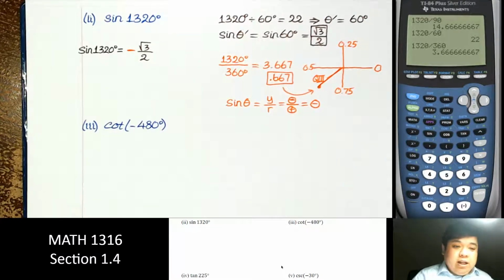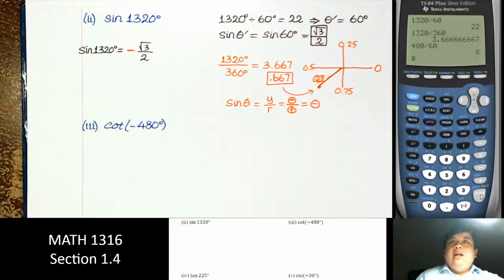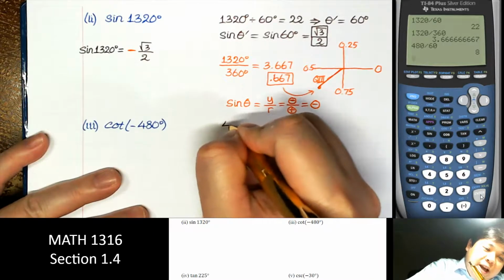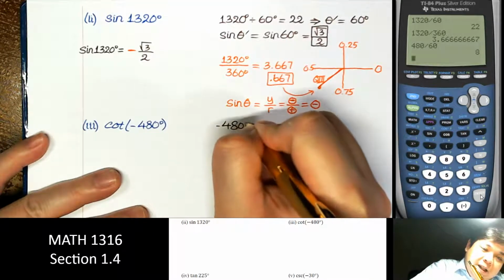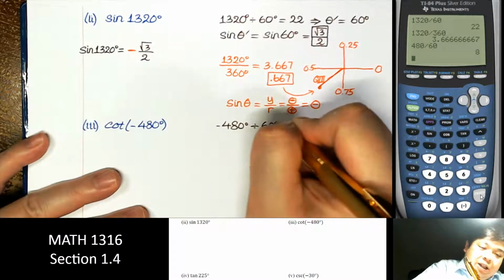Right, negative 480. First, that doesn't divide by 90 because 48 cannot be divided by 9, so we know it's not going to be divisible by 90. So 480 divided by 60 is 8. So first of all, negative 480 divided by 60 is even.